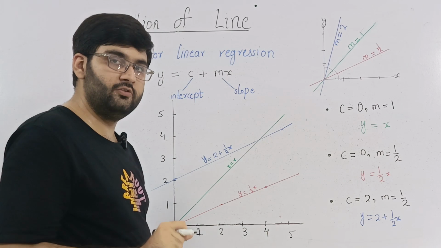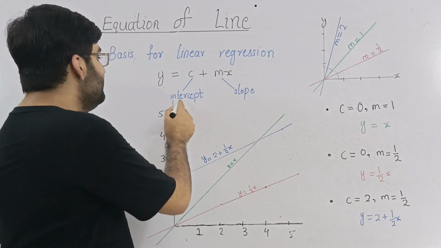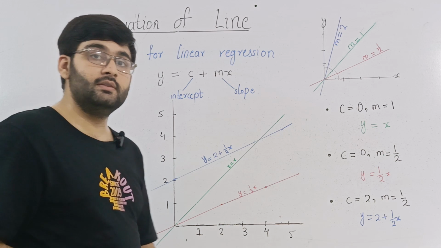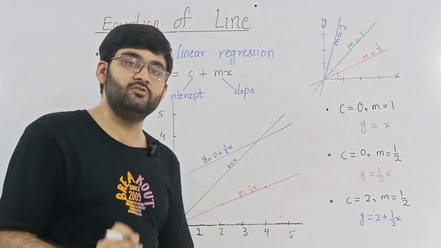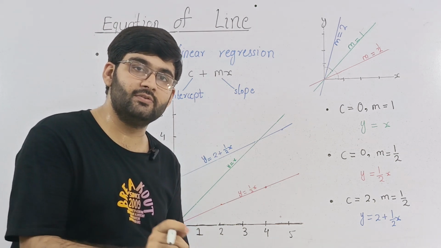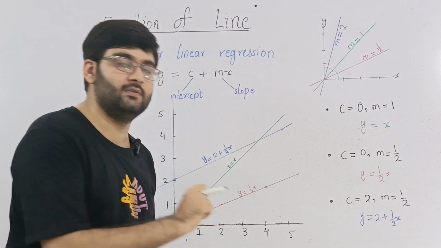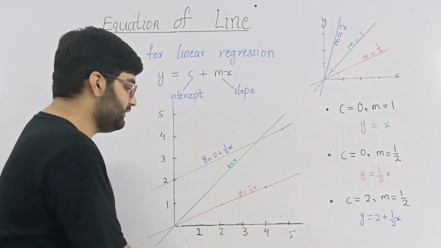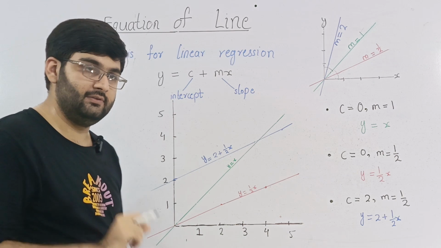The second constant here is the intercept of the line. The intercept means the point at which the line intersects the y-axis. To understand that, look at this plot. There are three lines.